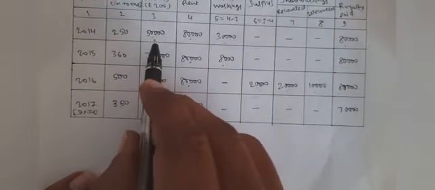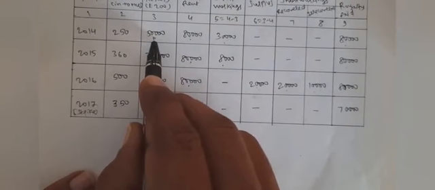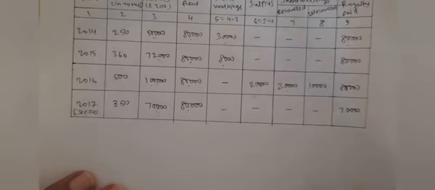So for 2014, how much is the actual royalty? Actual royalty is 50,000. So this 50,000 should be paid to whom? It should be paid to the landlord. Here XYZ is the landlord.